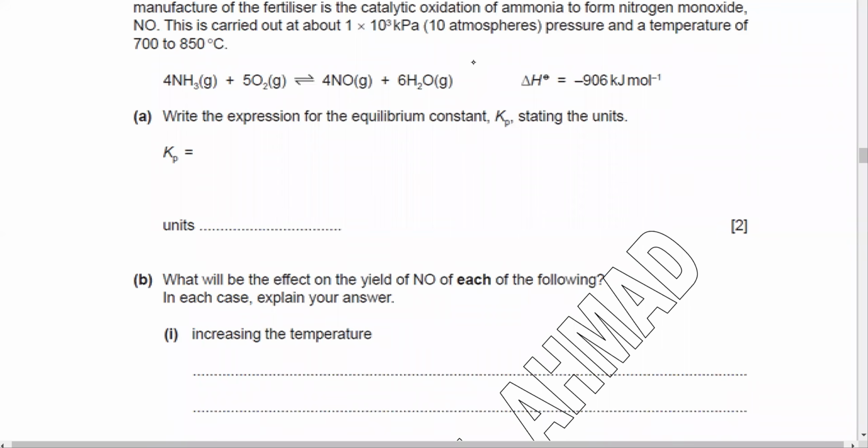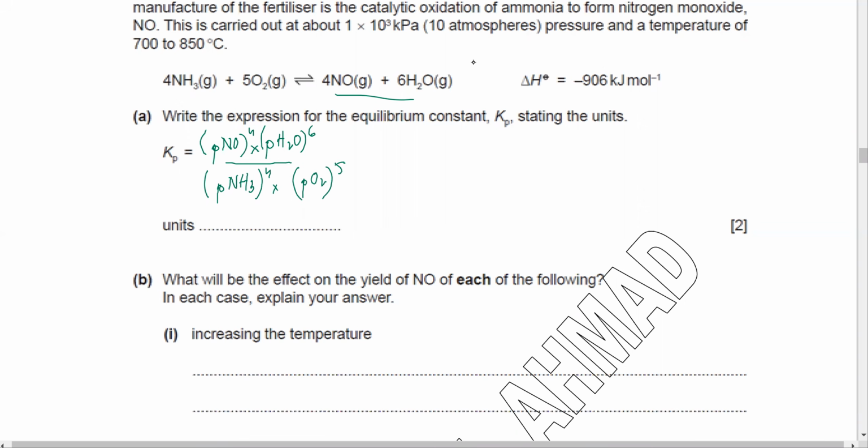It's products, which are PNO to the power 4 multiplied by PH2O to the power 6, and these are being multiplied, right? Divided by PNH3 to the power 4 as well, multiplied by the partial pressure of O2 to the power 5.